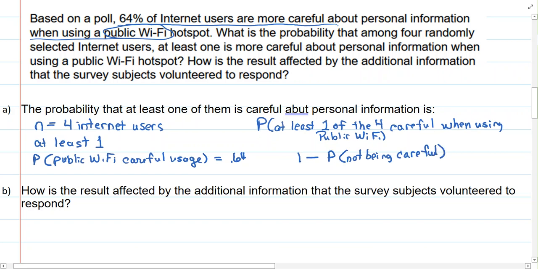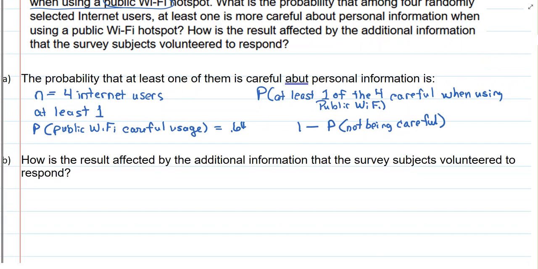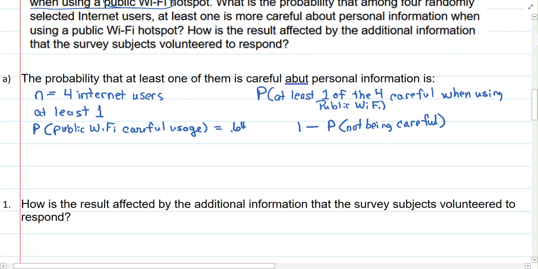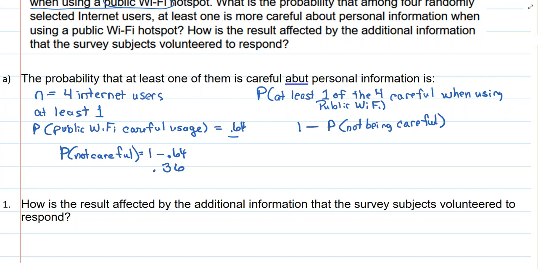All right. So, well, how do I get that value? Well, if careful is 64, then not careful is 1 minus that 64%, which would make it 36. All right. So now I can do what this is.